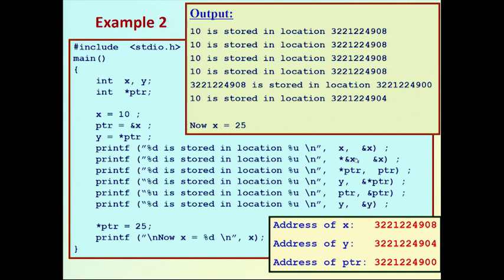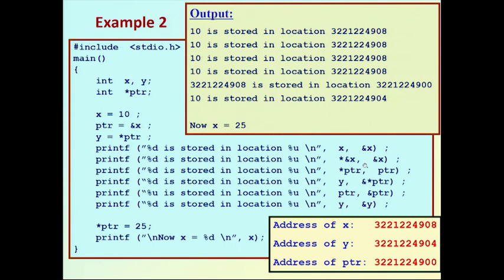So again it should be 10, and &x means the address. These two are the same. I have written x and I have written *&x. This is actually indirect accessing: I give the address of x and in that address what value is stored, that is the x value, which we say is the same.